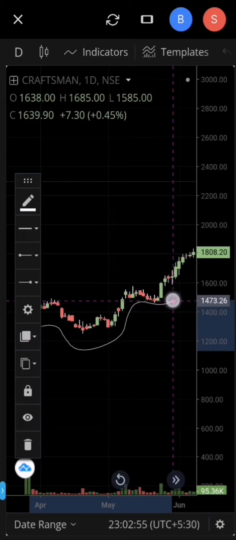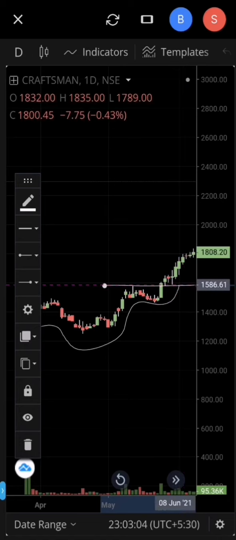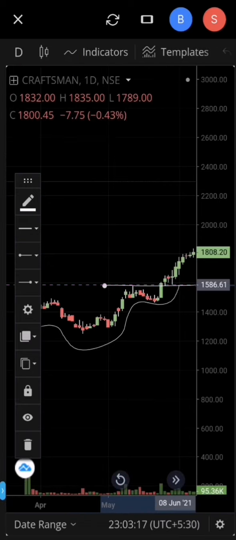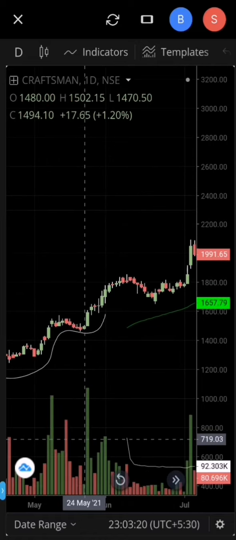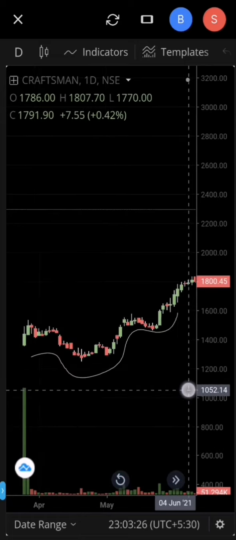However, it could not break out, so there was a little more consolidation, and once this consolidation phase was broken out by this large bullish candle, a significant uptrend started in this stock. As you can see, this bullish candle on 25th May 2021 broke this all-time high.